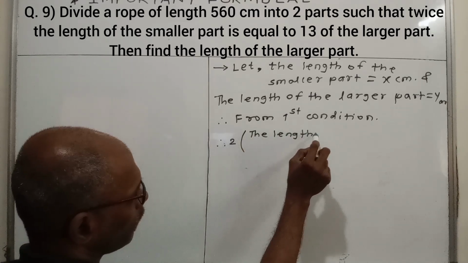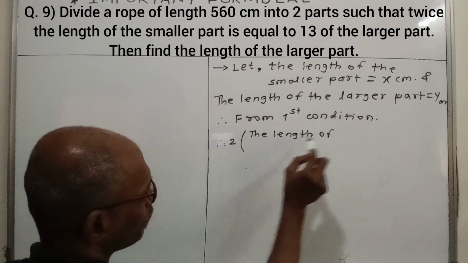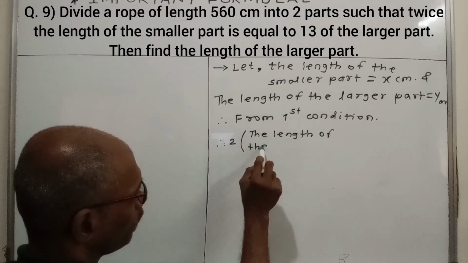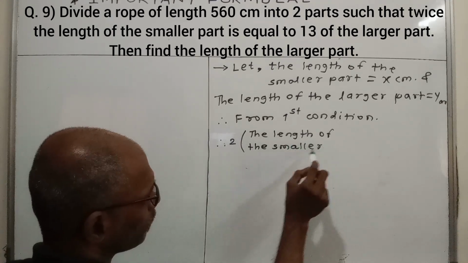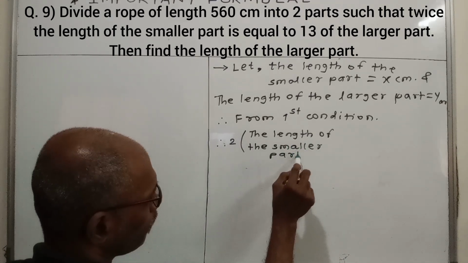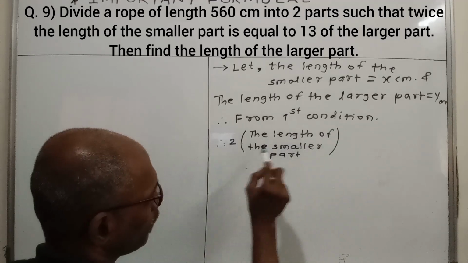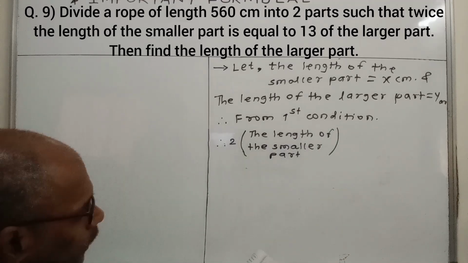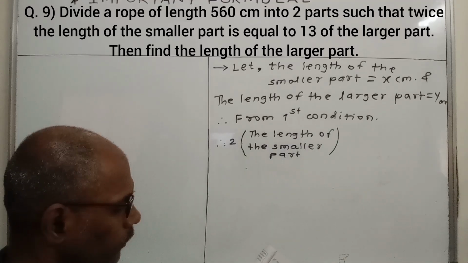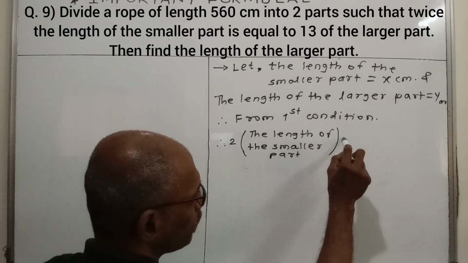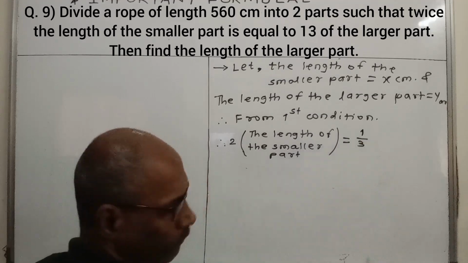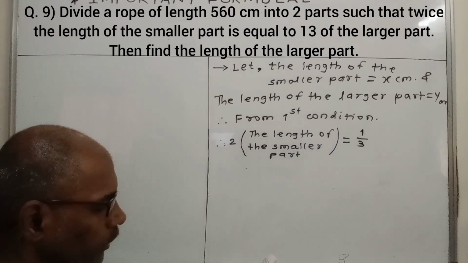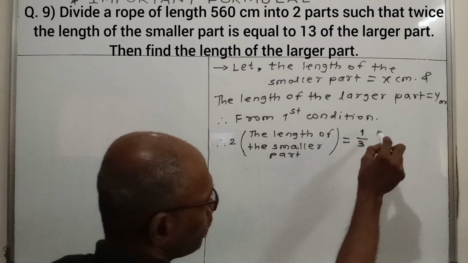Twice the length of the smaller part is equal to one third, means 1/3 of the larger part.